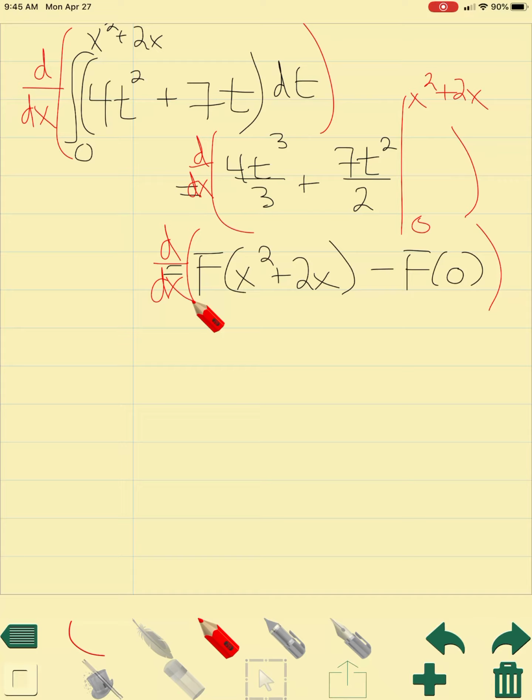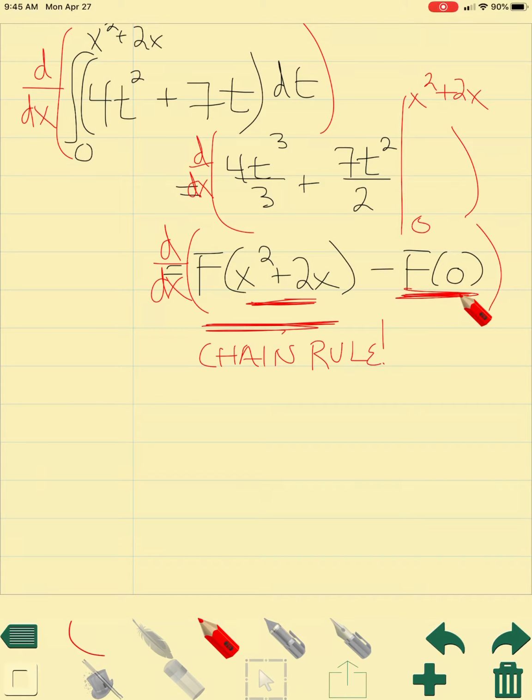Now we're using our differentiation skills to derive a function. This is a function inside a function, so this has something to do with the chain rule. This value is really easy because when I plug in 0, this is going to be a constant. If I derived this, it would just go to 0, because the derivative of a constant is 0.